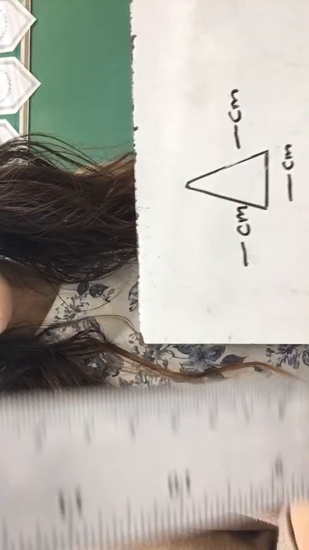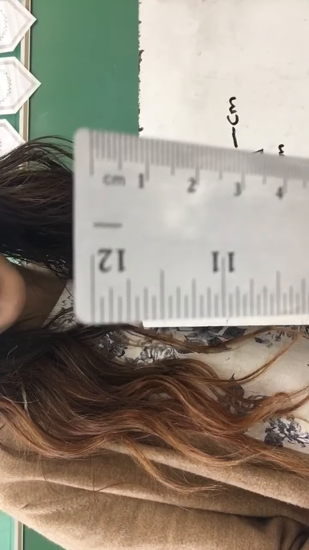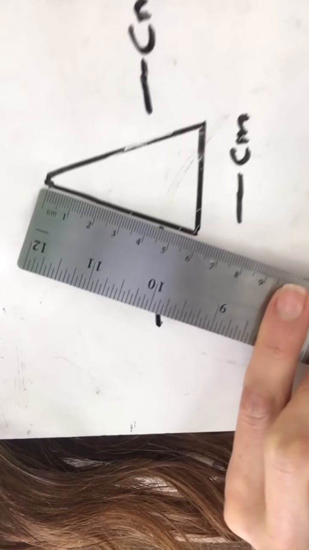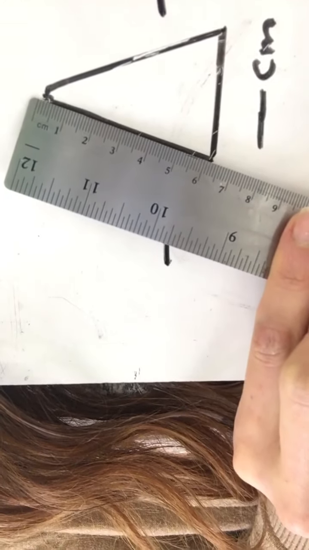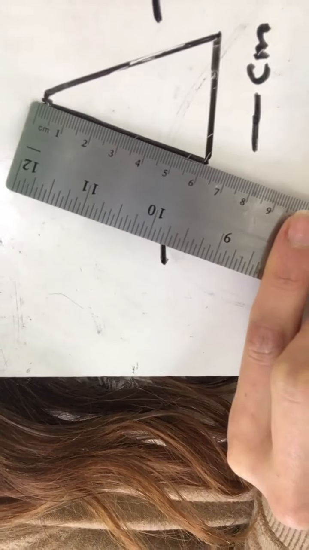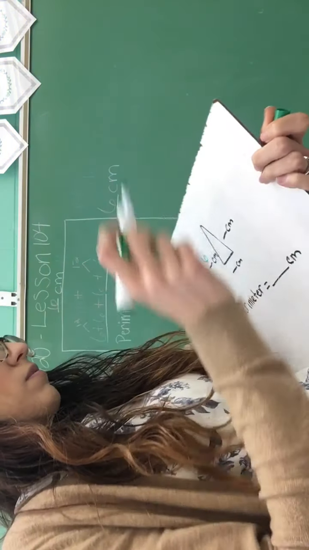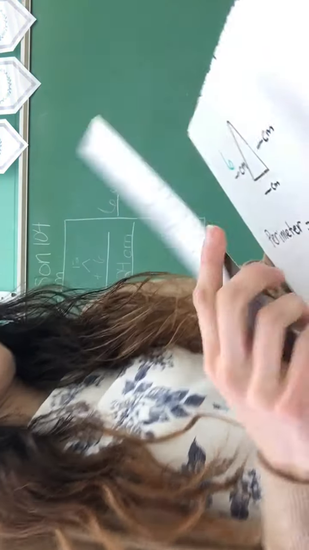So we're going to start at that line there. So you want to get up close, and we're measuring that. And if you can see it, what number is that stopping at? That's right, the 6. So this side is 6 centimeters. Good job.